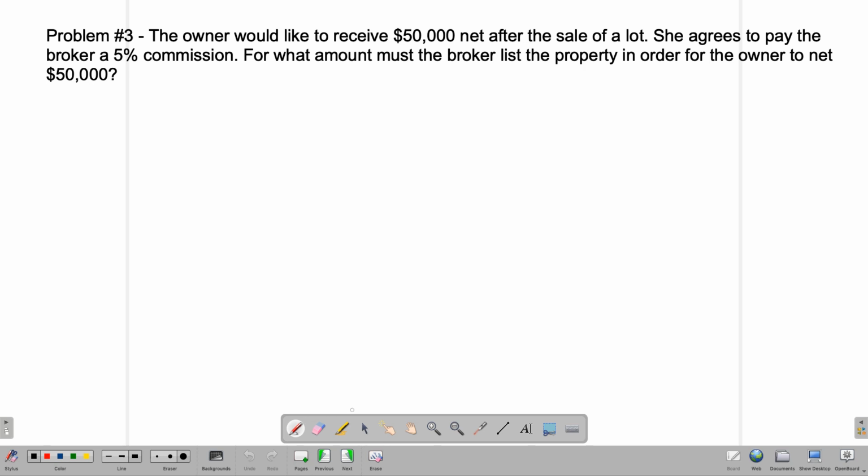All right, so to solve this problem, we want to look at the same equation that we had before. We'll have part equals, and once again I did it again, so let me back up a little. This is rate times base.